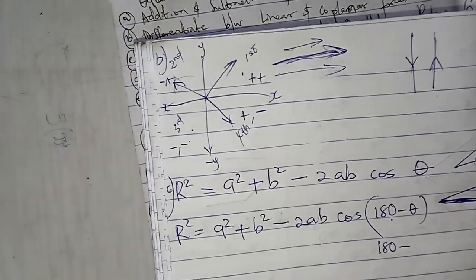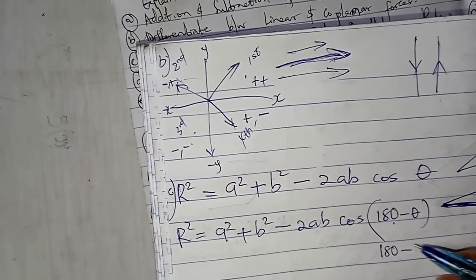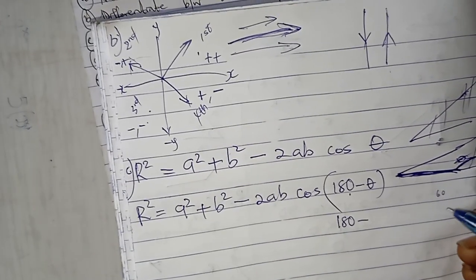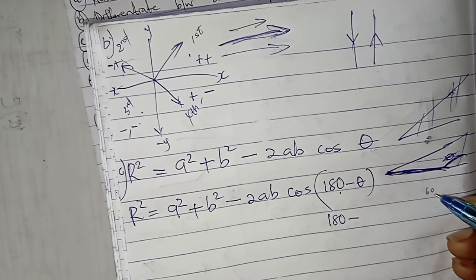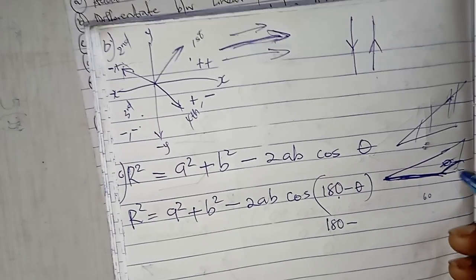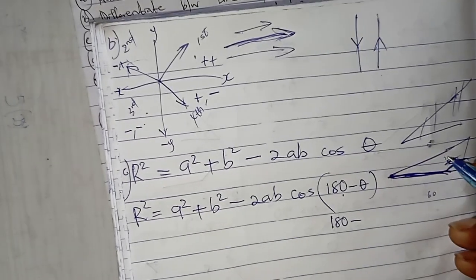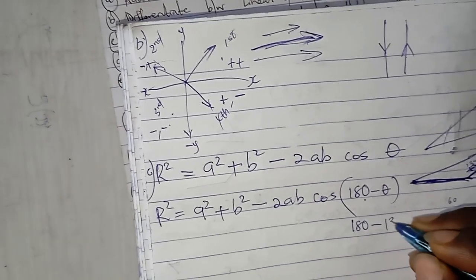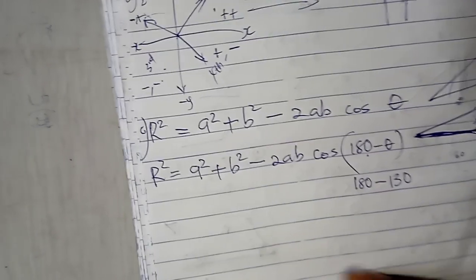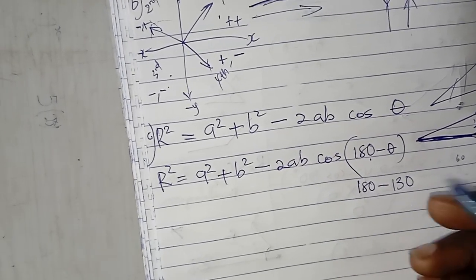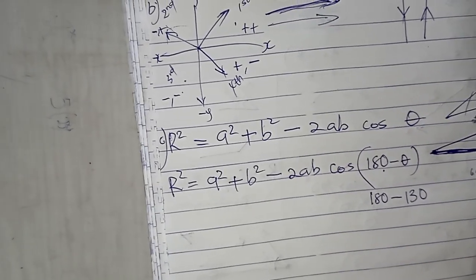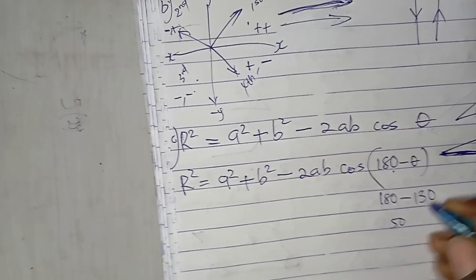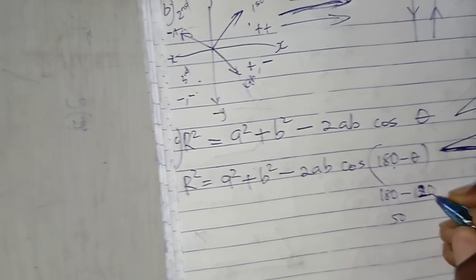Say I have 60 and I do 180 minus 60; then I get 120 here. If I do 180 minus 120, I'll have 60.